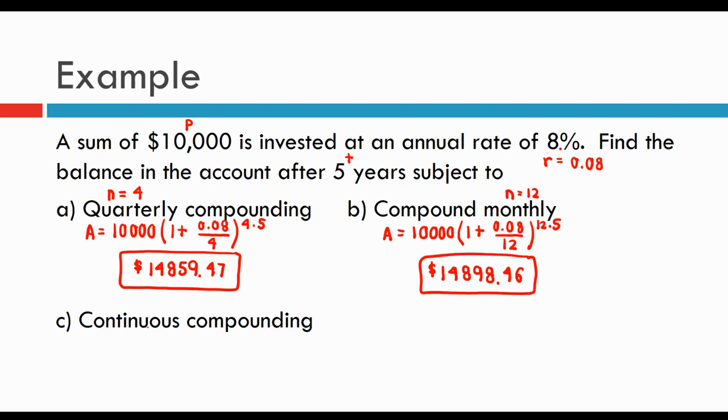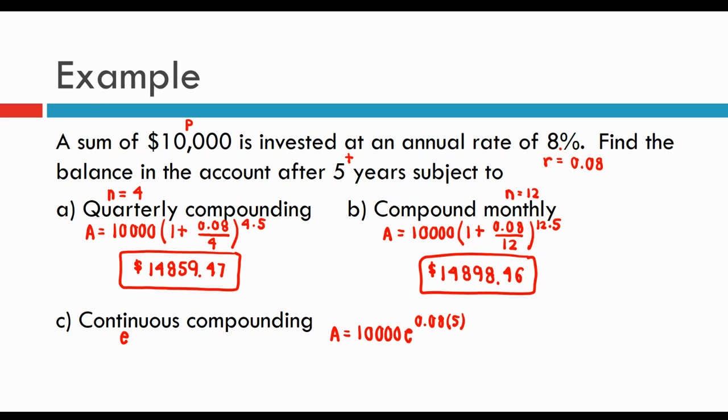Lastly, here we want to continuously compound. So remember, continuous means that we have a base of e. So we have A equals our initial amount, 10,000, times e to the rate, which was 0.08, times our time, which was 5. Remember, you have that e button in your calculator.